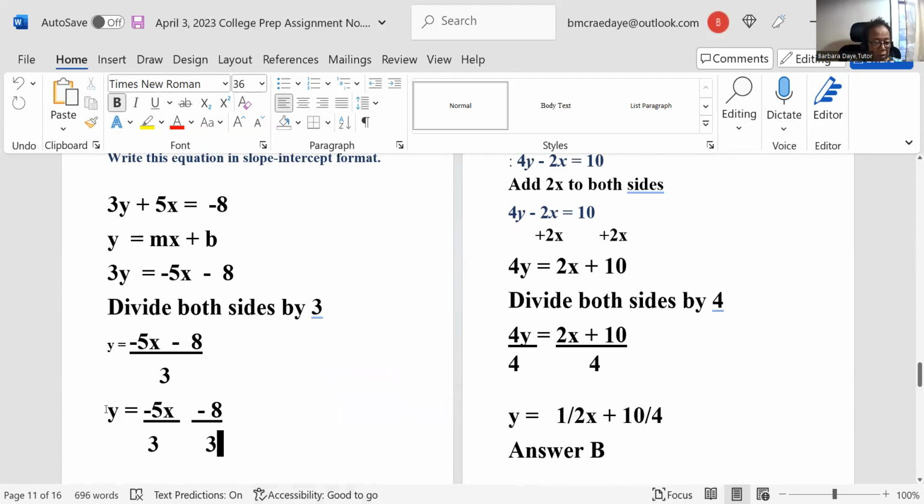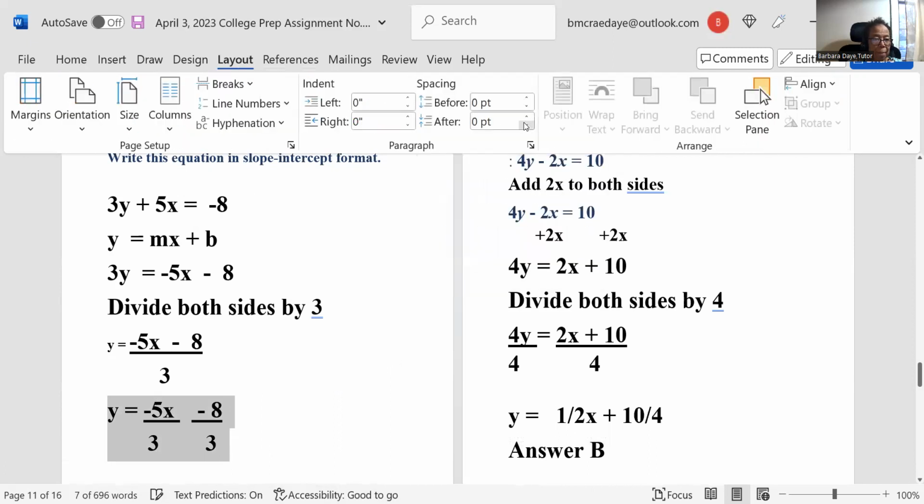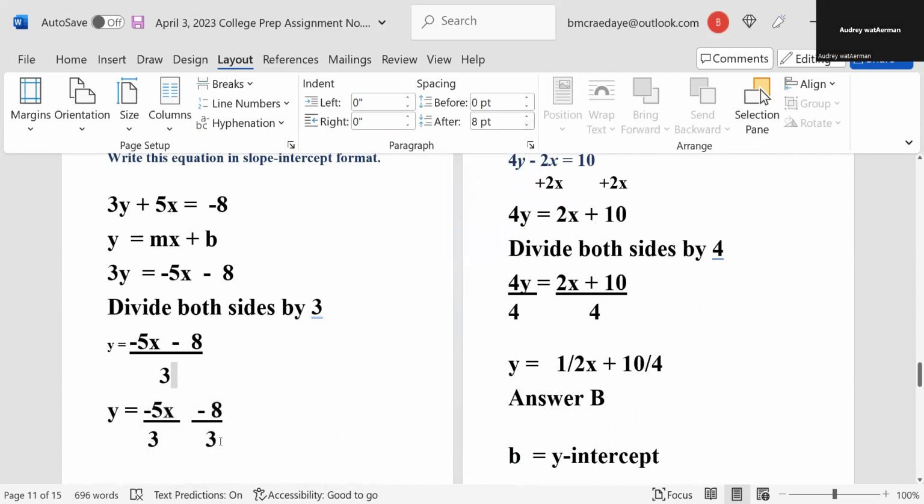So that's the way your answer would look. The minus here applies to both the 8 and the 3. And that would be your answer.